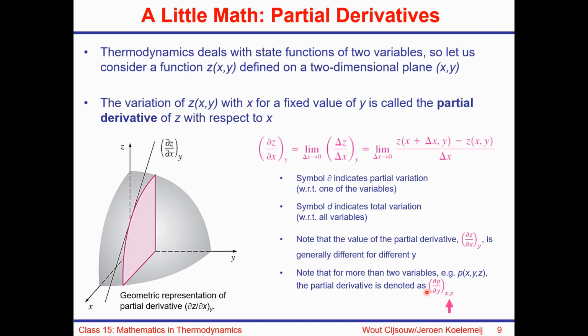This partial derivative is always taken with all the other variables held fixed, and you explicitly mention all these other variables. If you have a function with only two variables, like this z here, then of course there's only one other variable, so you will see only one variable here, and this is often the case in thermodynamic mathematical relations.